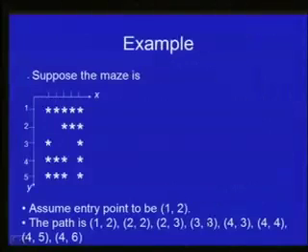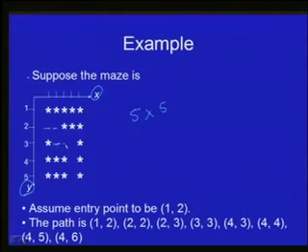So here is an example maze for you to think about. This is a 5 cross 5 maze. There are 5 characters on the x-axis and 5 on the y-axis. For ease of convenience, we have labeled the two directions as x and y axis. These stars represent walls in the maze, and these blank spaces represent open paths in the maze.